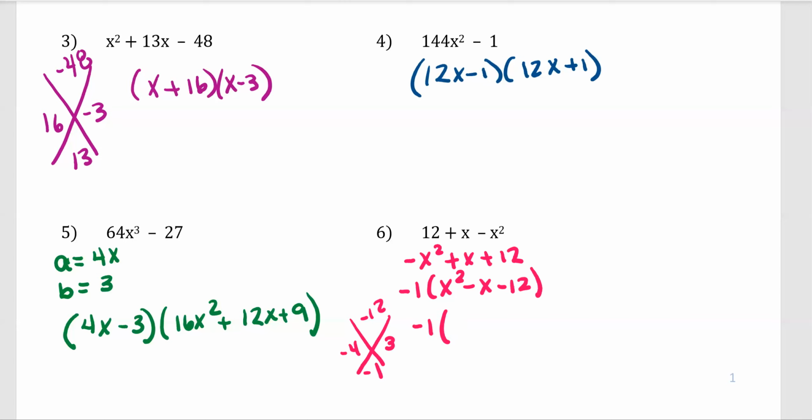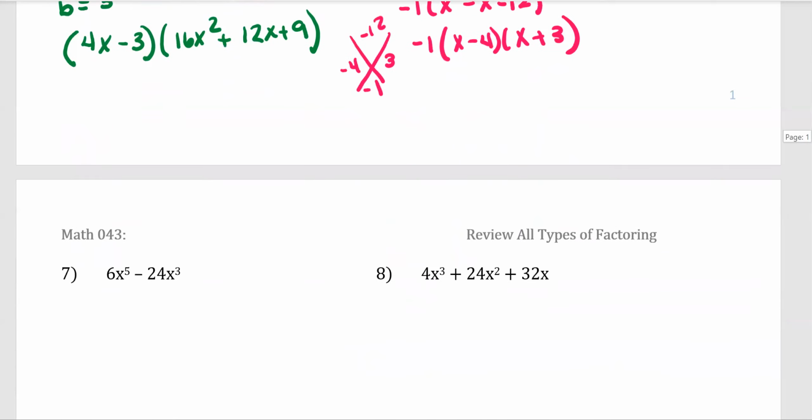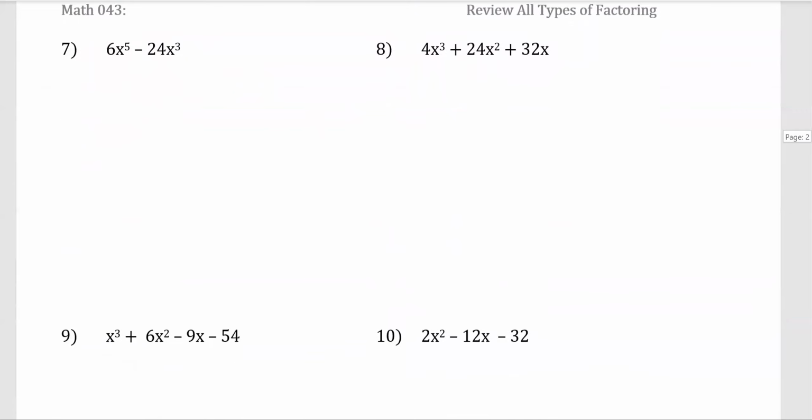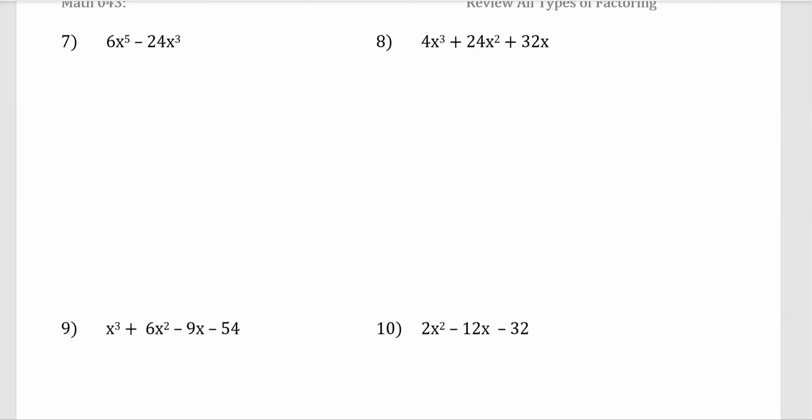So we could have negative 1 times x minus 4 times x plus 3. There are a couple variations of that answer. So you can ask your instructor if your answer is correct, but you again always multiply it back together to make sure it works.